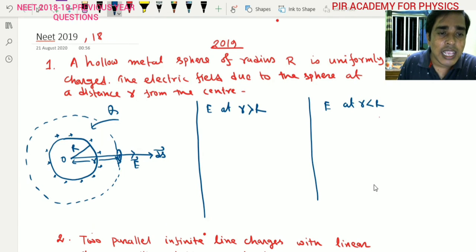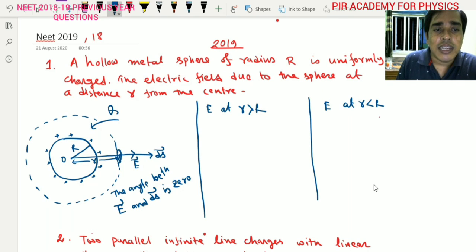That means the angle between the electric field and area vector ds is 0.